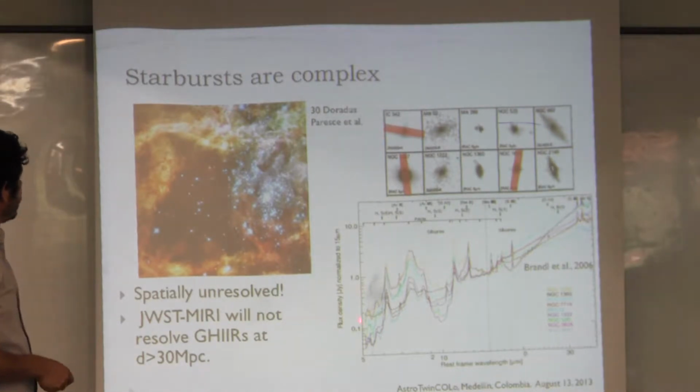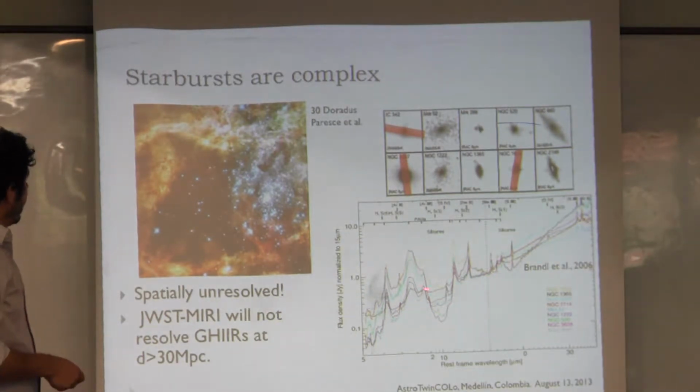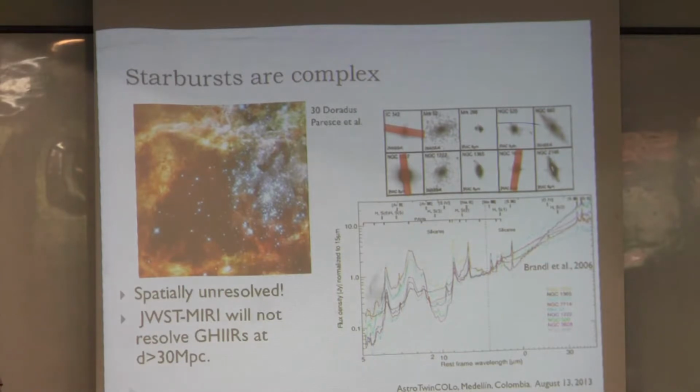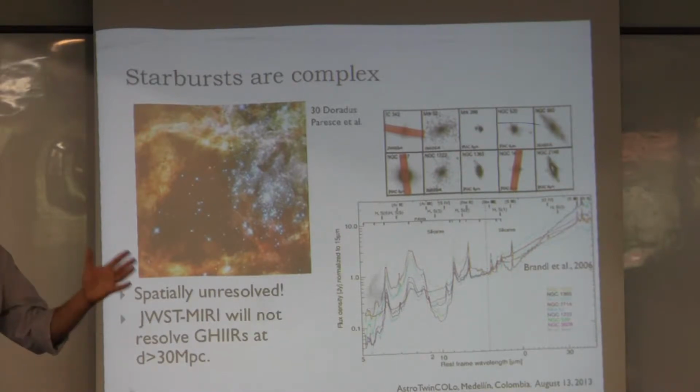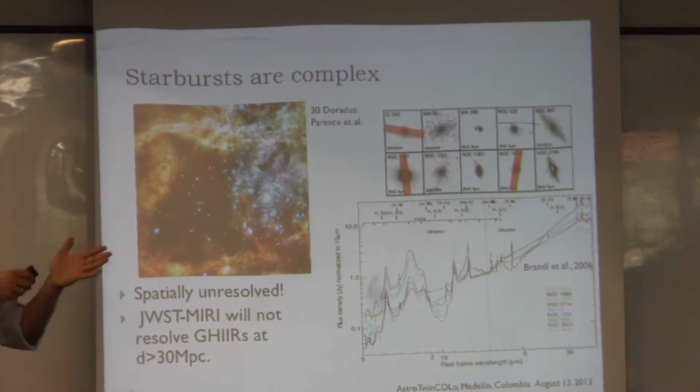The information you get in the spectra contains everything: the stars, the dust and the gas. Hence, for most of the galaxies, you have unresolved information. All the information that you have from these systems comes from the whole system. You cannot separate between the stars and the dust and the gas.